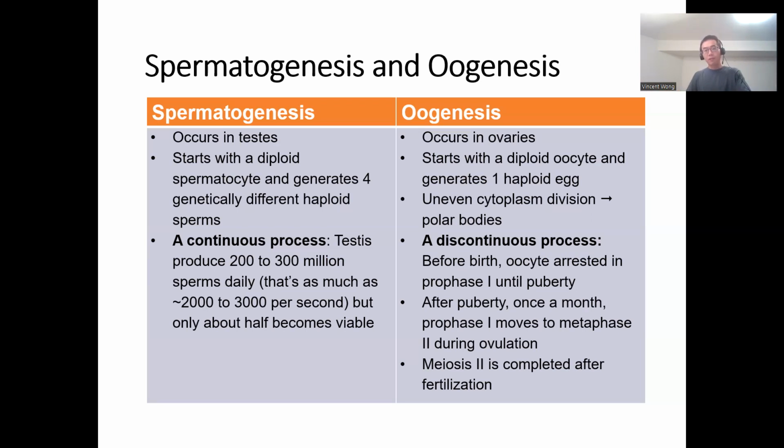On the other hand, oogenesis is a discontinuous process. It turns out that in females, even before they are born, the process of meiosis already begins. Before birth, while the baby girl is still inside the mother's womb, the oocyte, that's the germ cell, starts meiosis, and it stops after prophase 1.